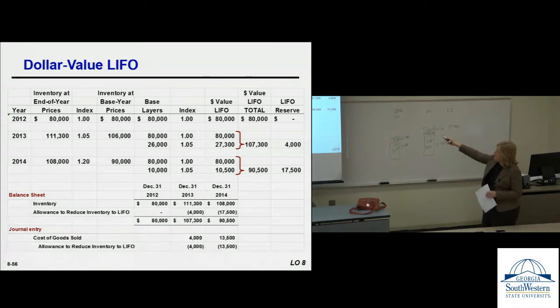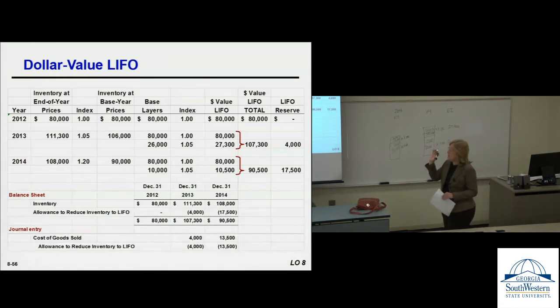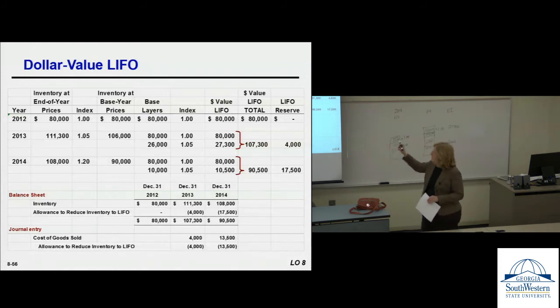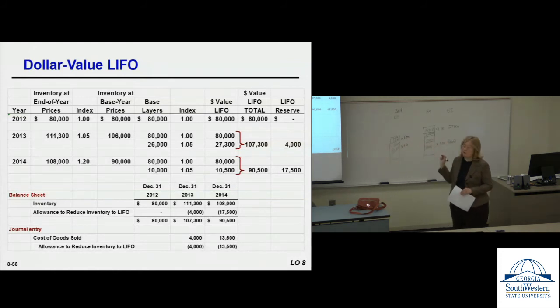So we get the 80,000 and the 10,500, and our ending dollar value LIFO is 90,500. So our inventory that we counted and said was today worth 108,000, for dollar value LIFO purposes, we're only going to put it on the books at 90,500, which means we have an adjustment to make to bring our inventory down by 17,500.